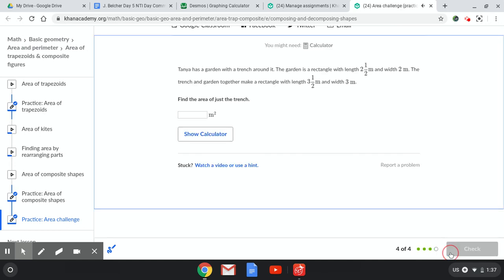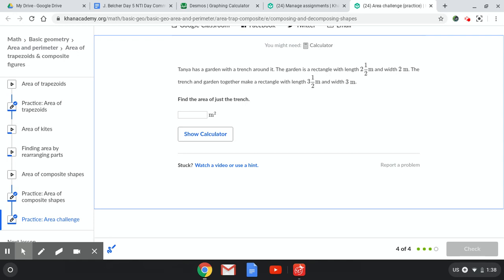Okay, and the last question here. Tanya has a garden with a trench around it. The garden's a rectangle, 2.5 in length and 2 meters wide. Okay, so she has a garden like that. Has a trench around it. The trench and the garden together make a rectangle with a length of 3.5.